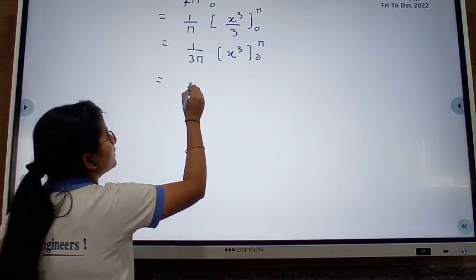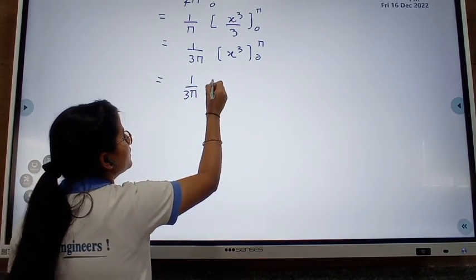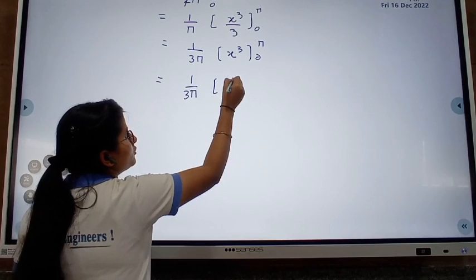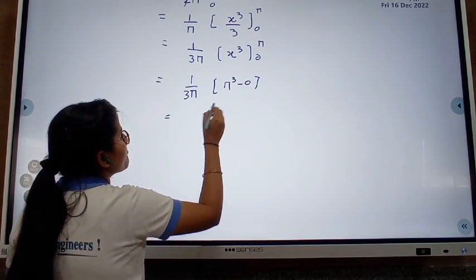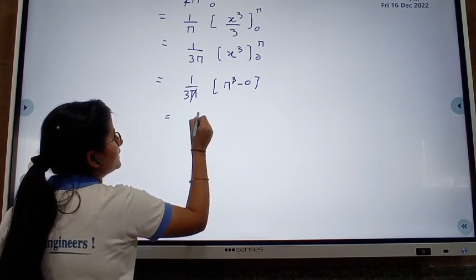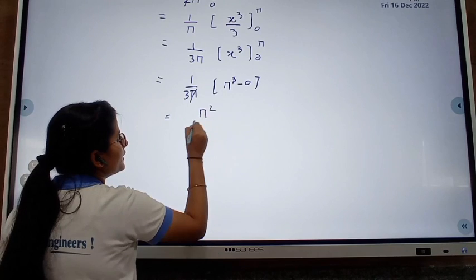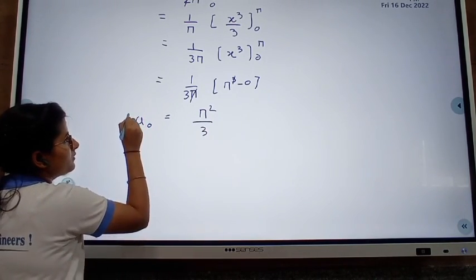Now when we put the value in it, this will become pi cube minus 0. So this pi and this pi will get cancelled and it will be pi square upon 3.